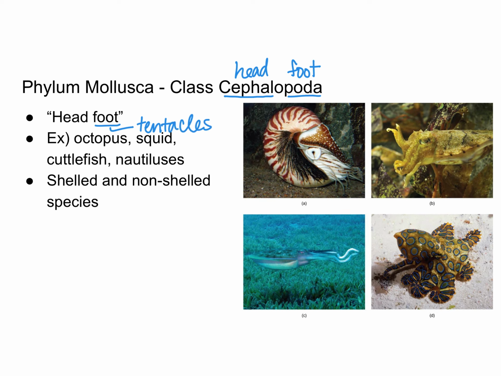So you can see in this picture of a squid here, you've got the head region, and then the muscular foot region, which has been modified to form these tentacles.